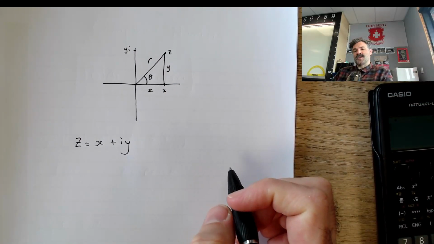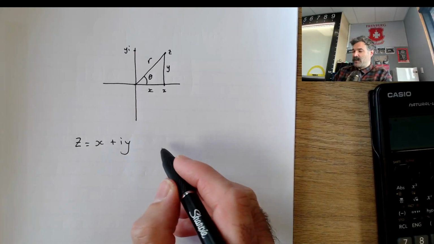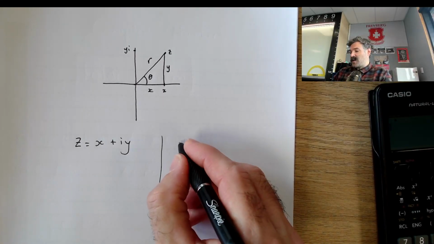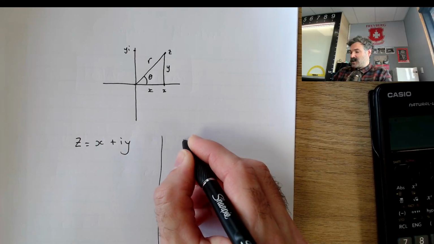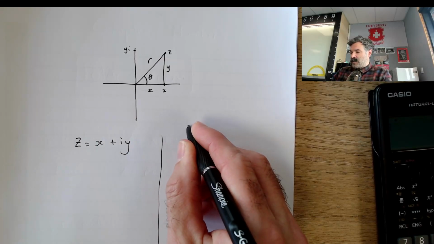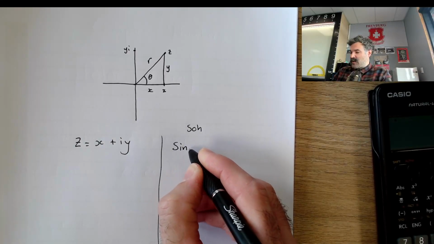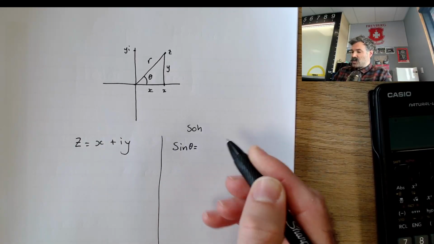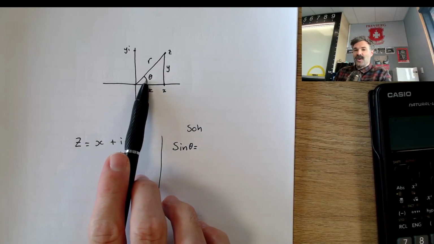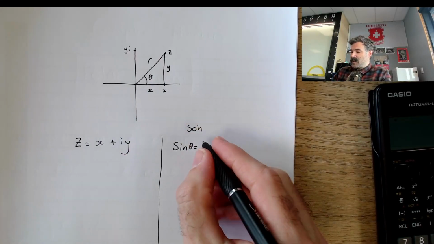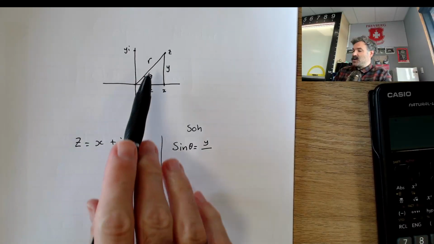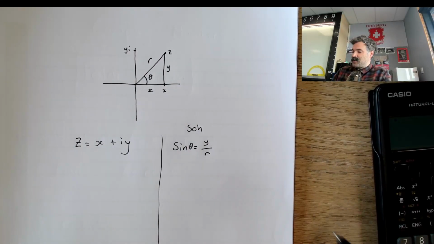Now I'm going to do some SOHCAHTOA with my triangle real quick on a side note. So let's think about SOH, which in this case would be sine of my angle is equal to the opposite. Here's my angle, the opposite side would be y, and my hypotenuse is r in this case. I'm going to make it so that it says y by itself.